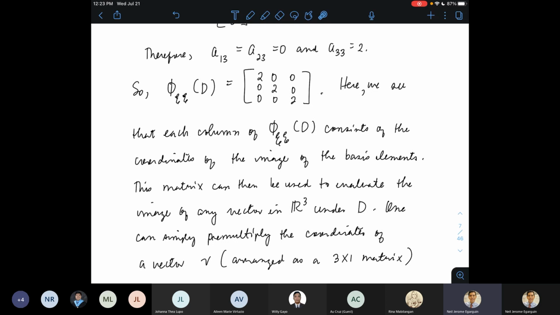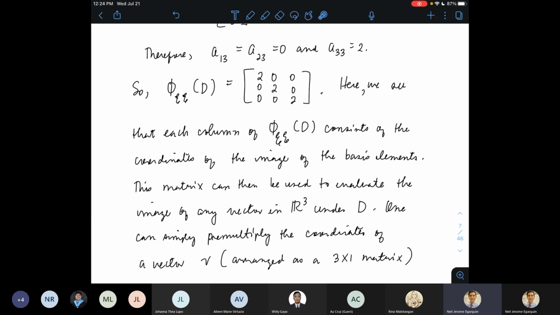So kahit kalimutan nyo na yung doubling operator, how D was defined, if you can remember how the matrix representation looks like, then you can still evaluate D of V for any V in curly V. Okay, but first, what does this matrix do? What it will do is assign to a given vector the image under the doubling operator D, but in what sense?